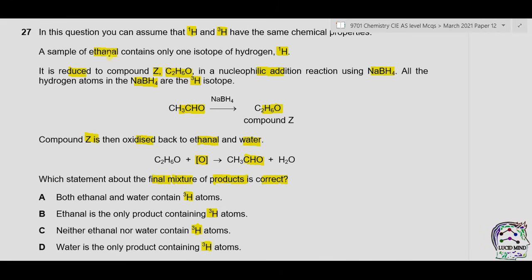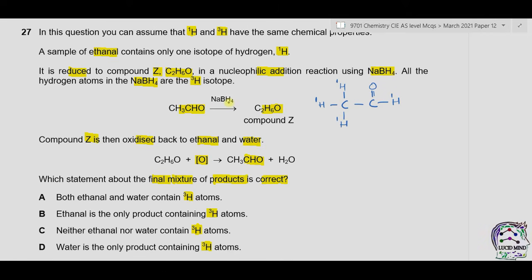In the start we had ethanal. Let's draw ethanal. Ethanal consists of 2 carbon atoms, and as it is an aldehyde, the carbonyl carbon is present. Now this sample of ethanal contains only one isotope of hydrogen, so all are the protium isotope of hydrogen.